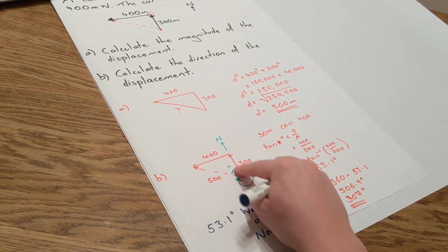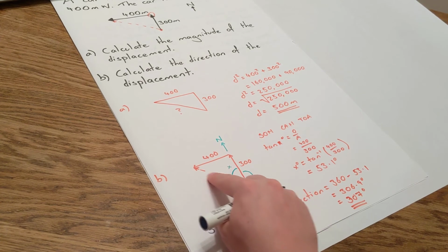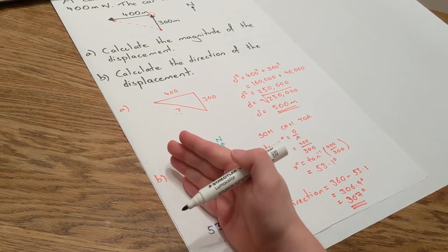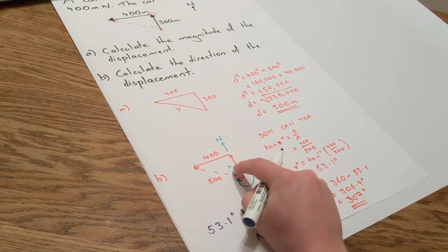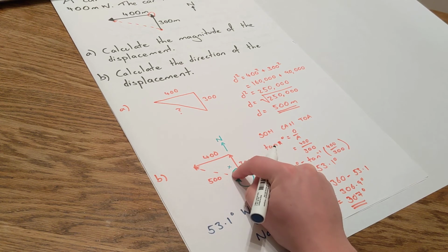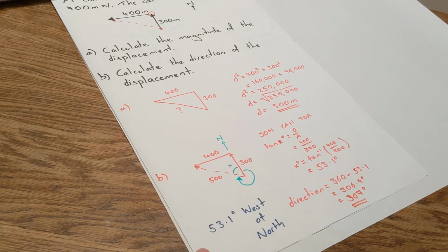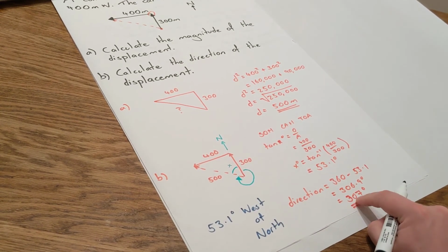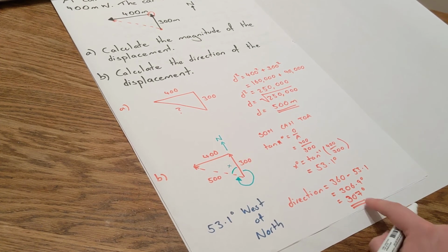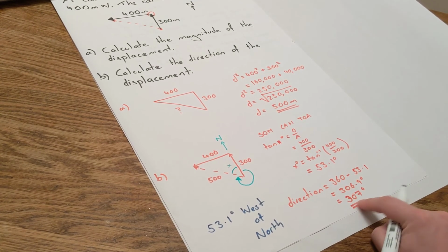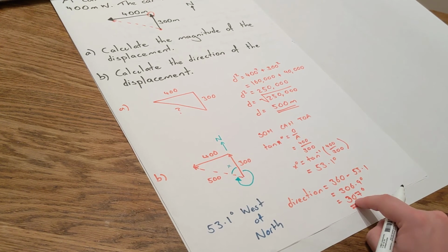Because if this is your north here, your direction is to the west of that, and the amount it's to the west is this 53.1. Though my recommendation would always be to stick with doing it this way and working out your direction as a 3-figure vector measured from north.